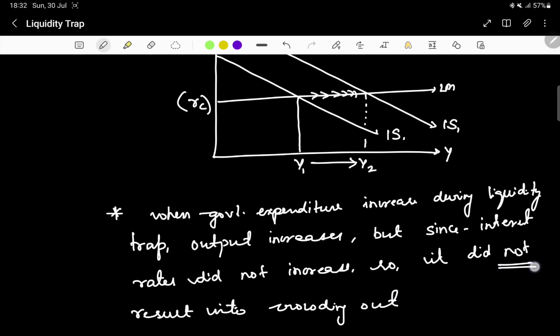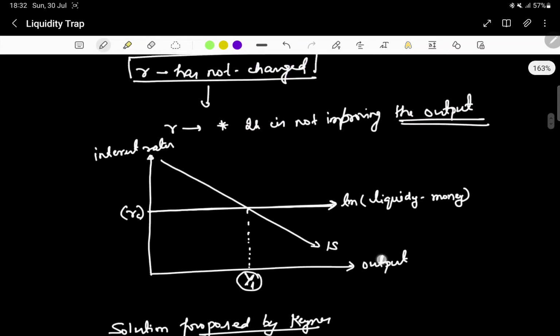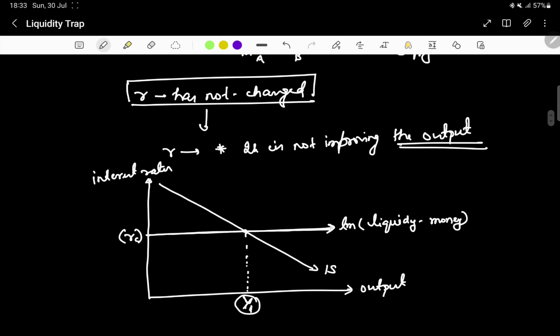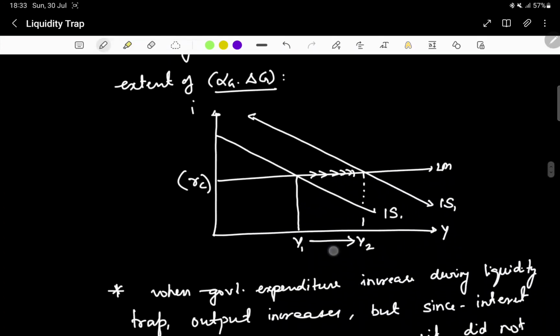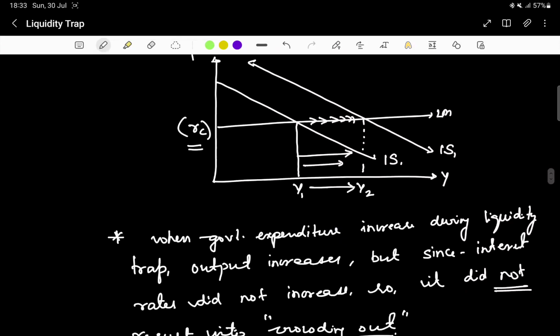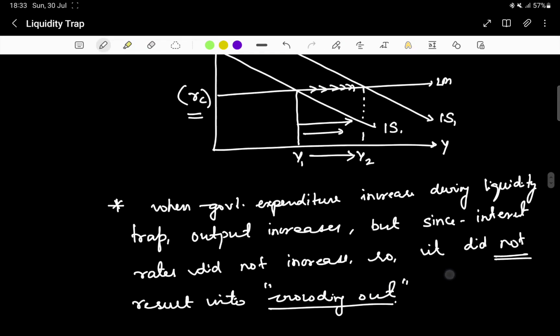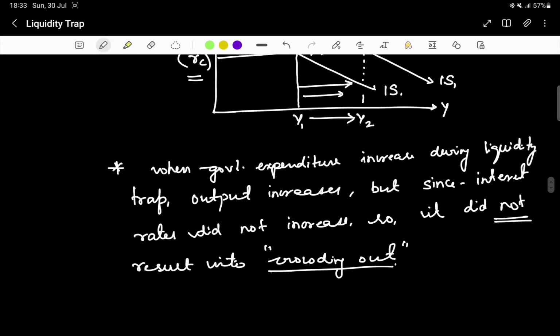So no crowding out was visualized by Keynes in his theory, where he said that if the economy is in a liquidity trap, then it is possible to improve your output, which I have shown in the later diagram. It is possible to increase output without causing crowding out in the economy and without hampering the investors' confidence in the economy.